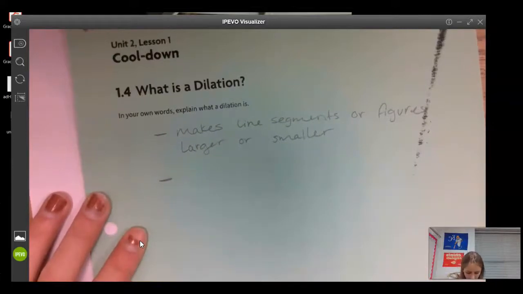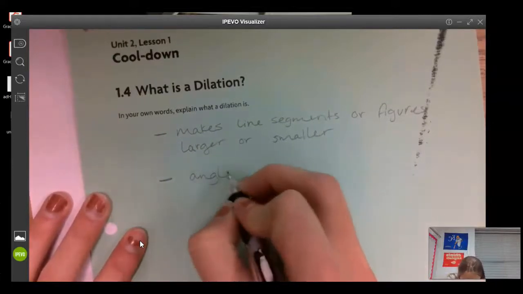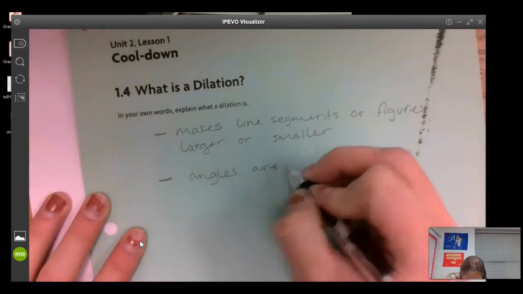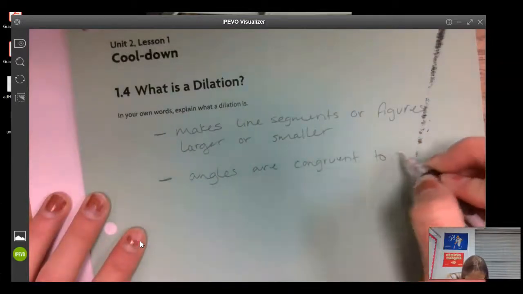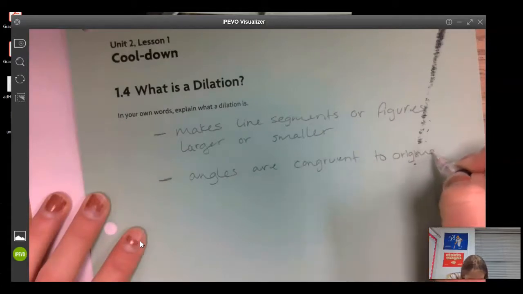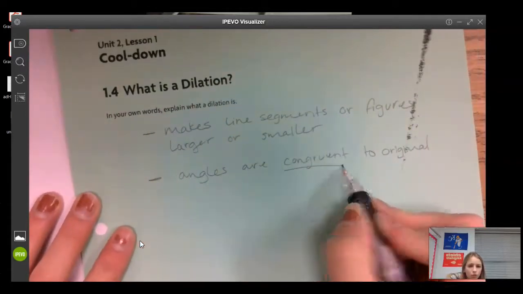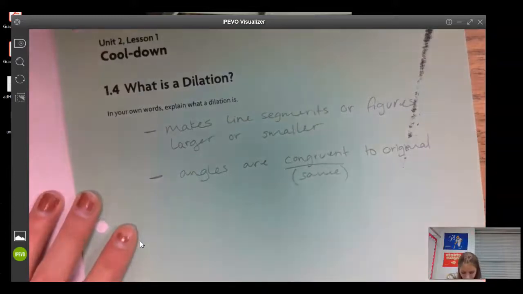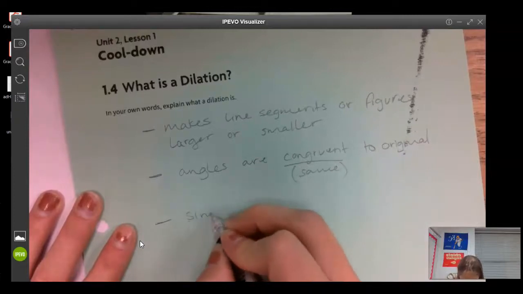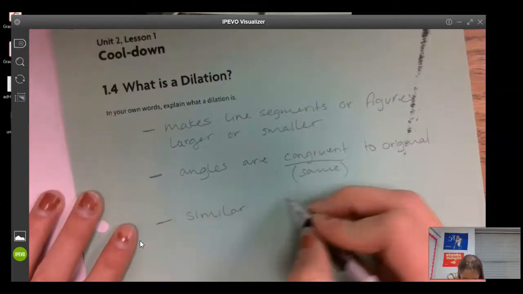Some other important information is the angles are congruent to the original. Congruent is, once again, a fancy word for same. It also creates similar shapes.